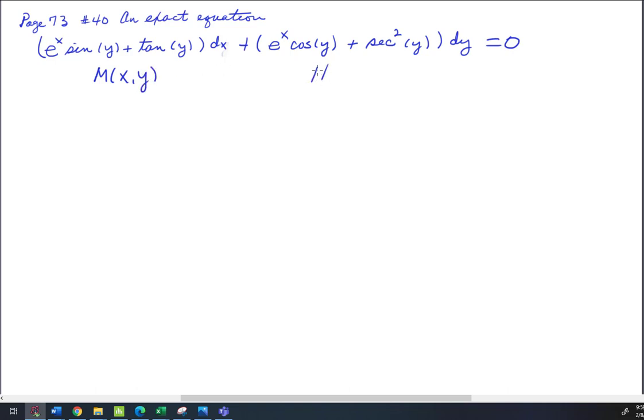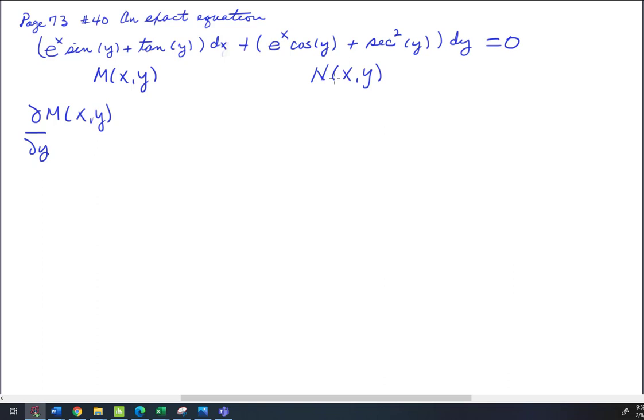And this is the function we would call N of x, y. And to see if this equation is in fact exact, we need to look at the partial of M with respect to y.